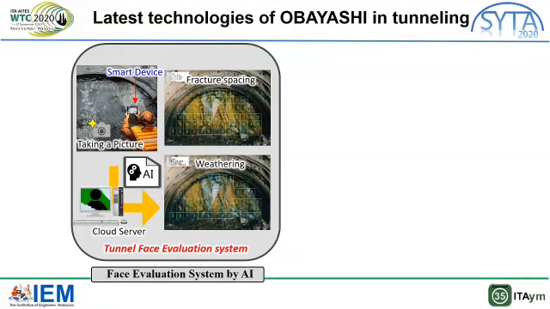Evaluation items include weathering alteration, fracture spacing, fracture condition, and strength. Because it is cloud-based, you can use it anywhere, as long as you have internet environment and a terminal such as a tablet. It is possible to compare the visual evaluation results by the site engineer and AI on-site.